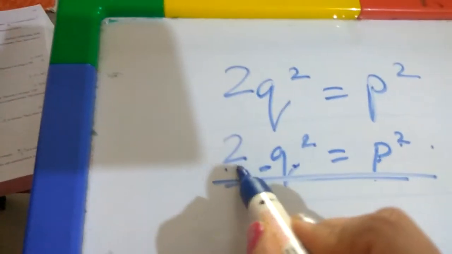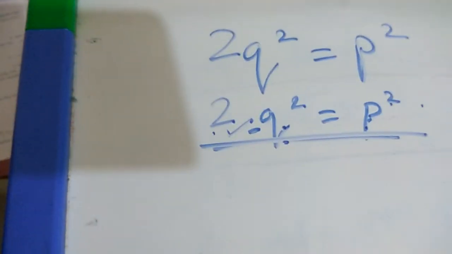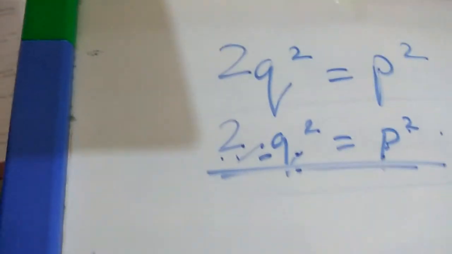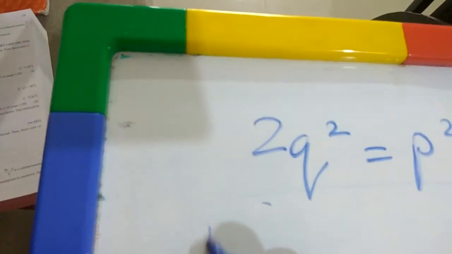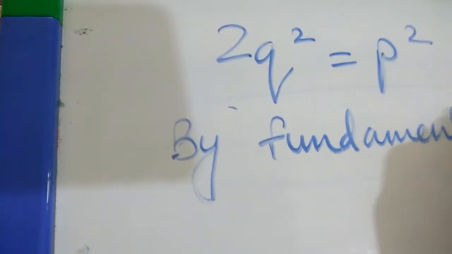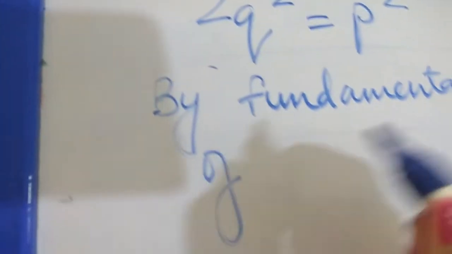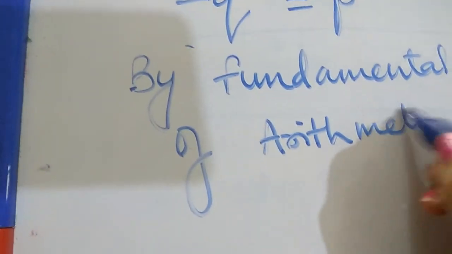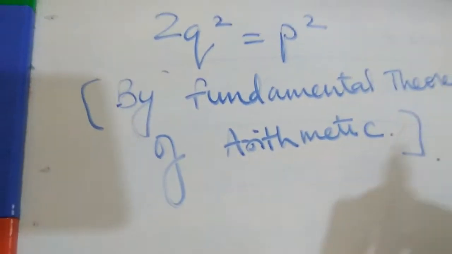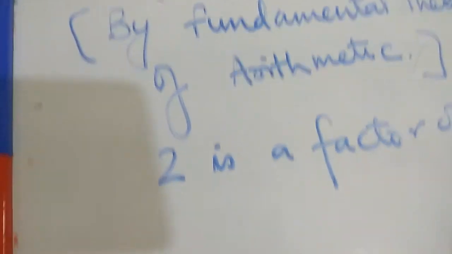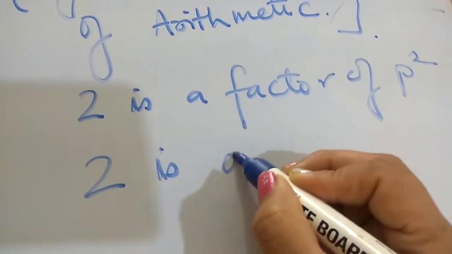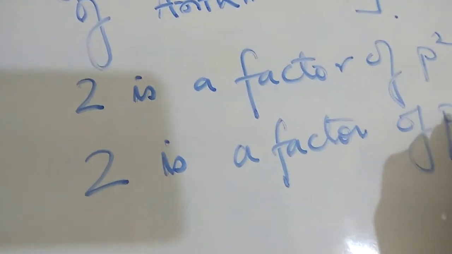So 2 is a factor of p squared and q squared is also a factor of p squared. Thus, by the fundamental theorem of arithmetic, we have: 2 is a factor of p squared implies that 2 is a factor of p also.